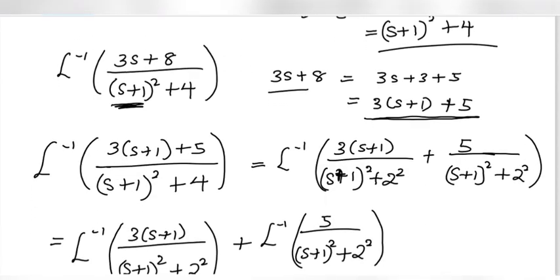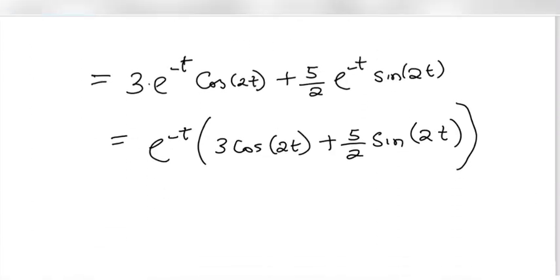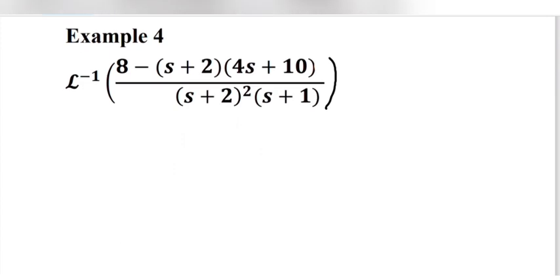We're just applying the Laplace inverse, okay? And for the next example, we are asked to find the Laplace inverse of this expression. And if you look at this, first of all, we have to apply what we call partial fractions, okay?